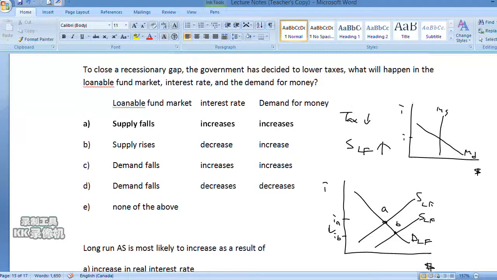What we are going to see in the money demand, well, first of all, when tax is lower, AD is going to shift up due to the increase in consumption. So first of all, money demand is going to shift up. So what we see here is an increase in interest rates.